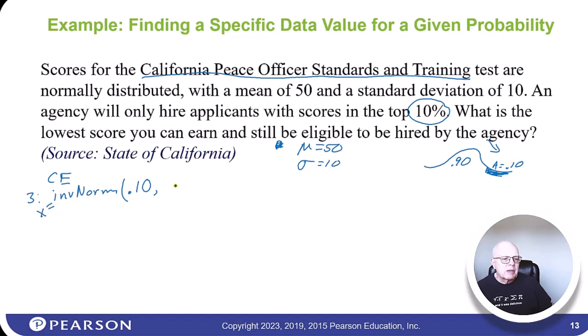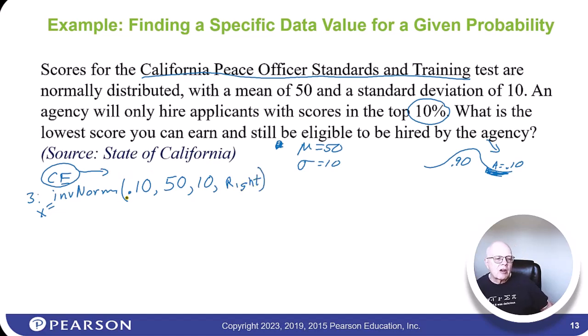So we don't put 0 and 1 out here. We're talking about the real curve. Mean, 50, because we're not talking about Z's. We're talking about regular scores. Standard deviation, 10. Now, if you've got the CE, this is only for CE. Since it's on the right, you'll put right here.